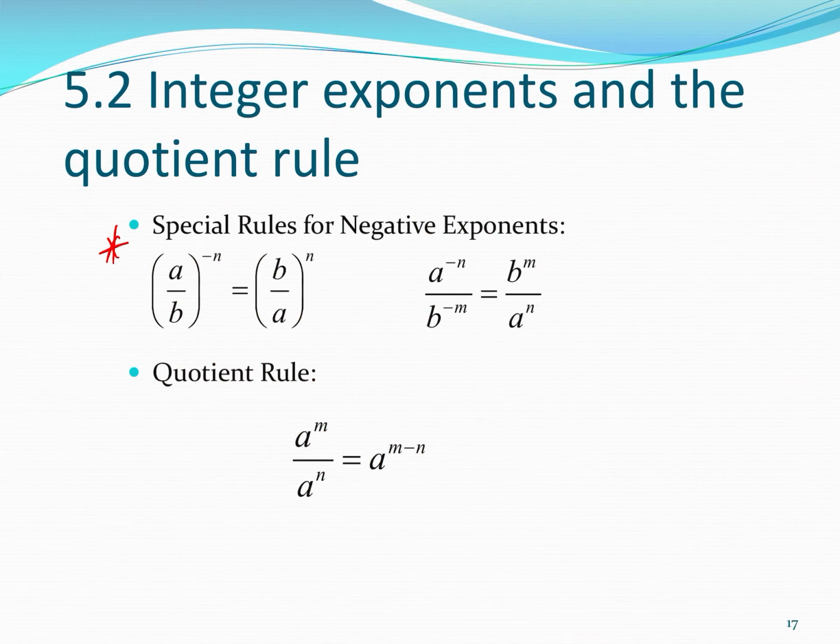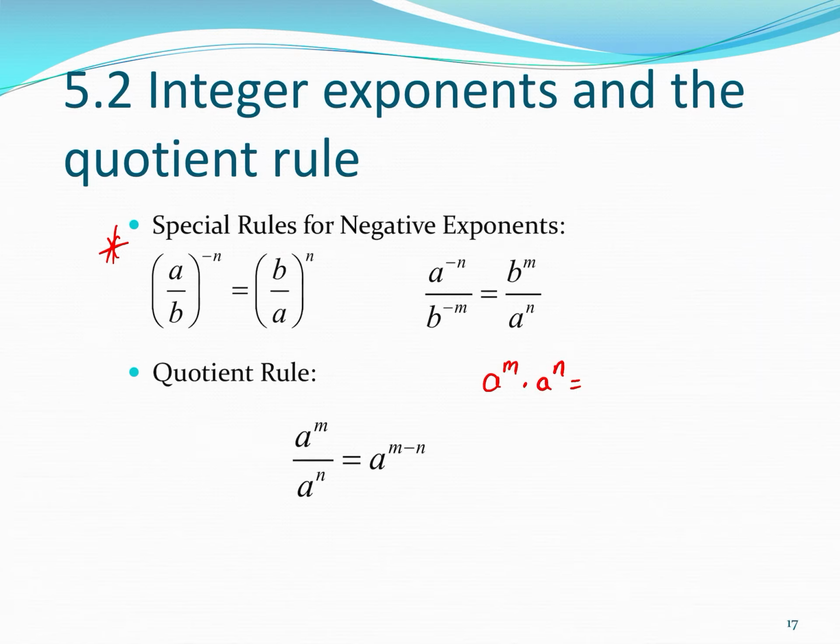And so again, you've seen that already. And so when we talk about negative exponents, our biggest thing is we need to move the base and its exponent to the top if it's on the bottom, or to the bottom if it's on the top.